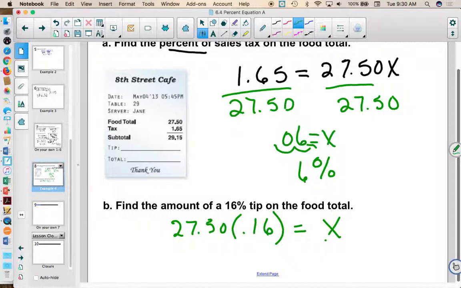Darton, how much money should I give the waitress? I don't know. Okay. Did you multiply 27.5 times 0.16? Okay, get her done for me.